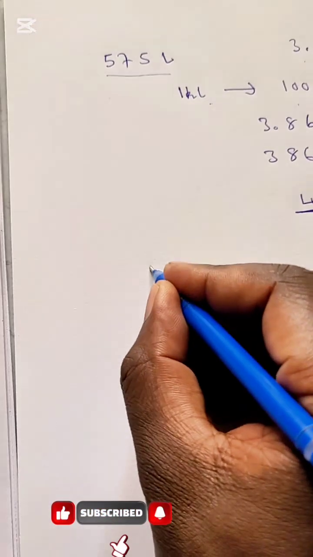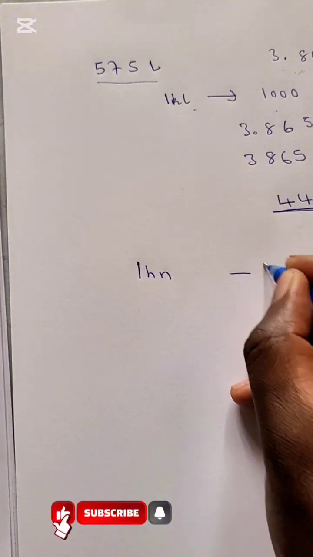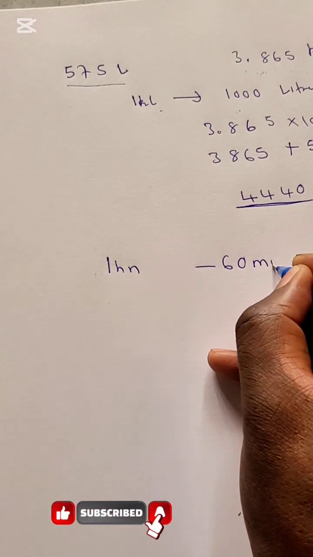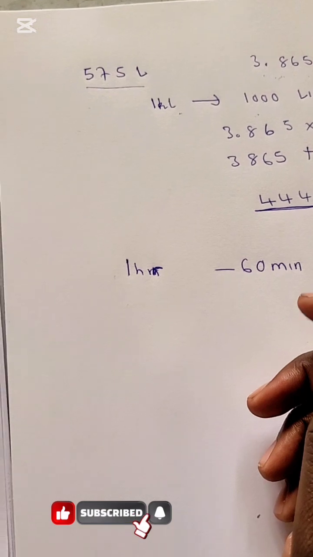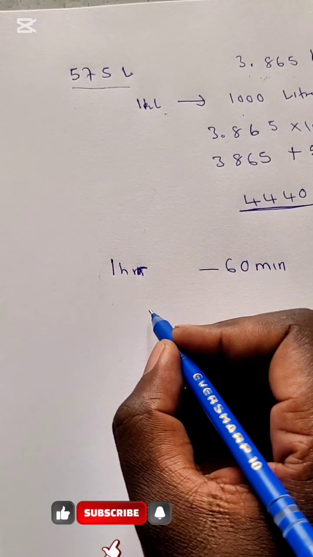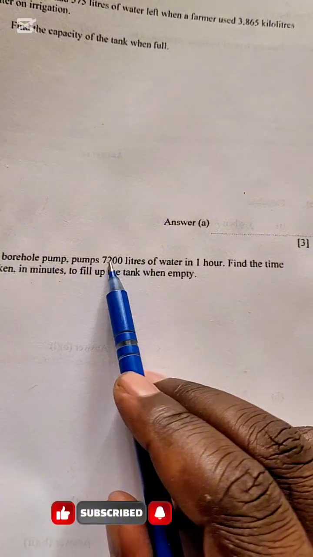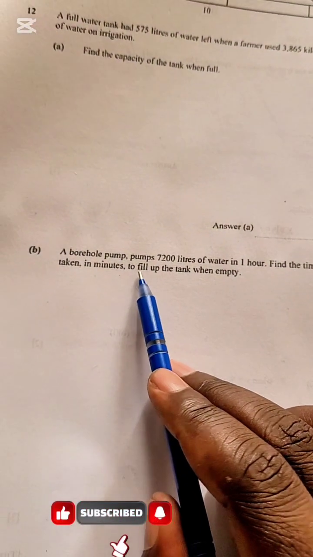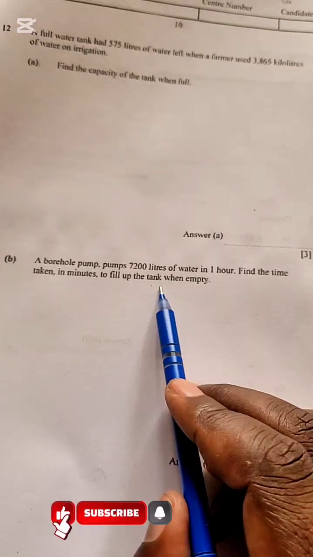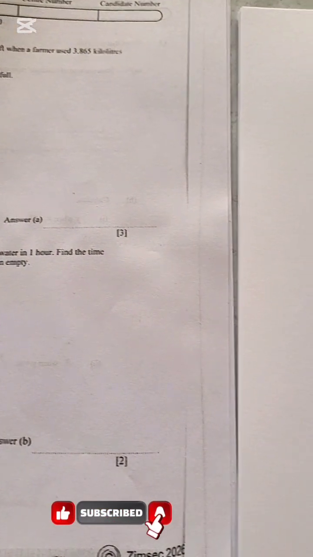So 1 hour is 60 minutes. The pump pumps 7,200 liters, and we'll find the time taken to fill up the tank when empty.